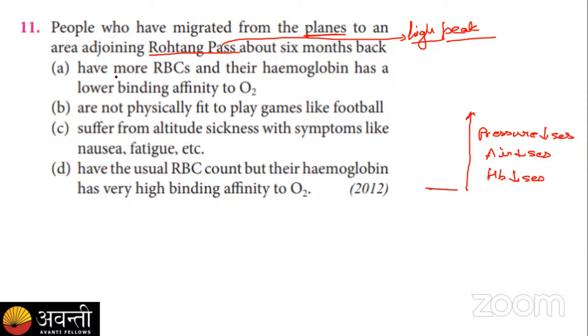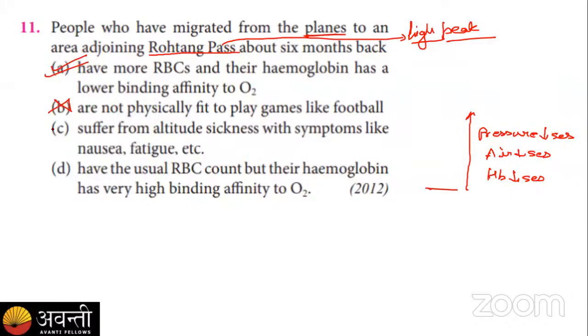Okay, so according to that, we can say option A is the correct answer, right? Because it is not like if we are moving towards the height, we are not able to play football or any kind of game. That is an incorrect statement. See, altitude sickness happens to every person who is moving from plain to the higher region, but that sickness lasts for 1 week, maximum 1 week.